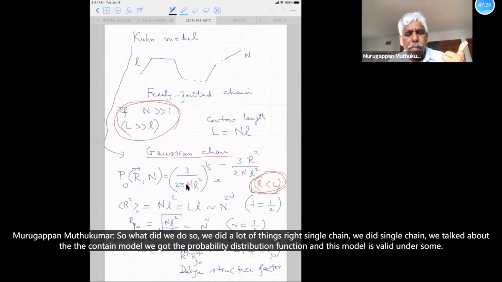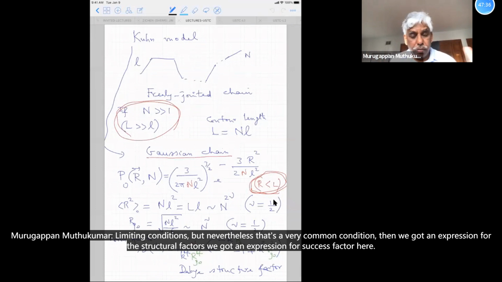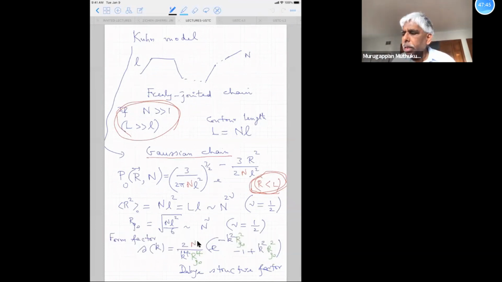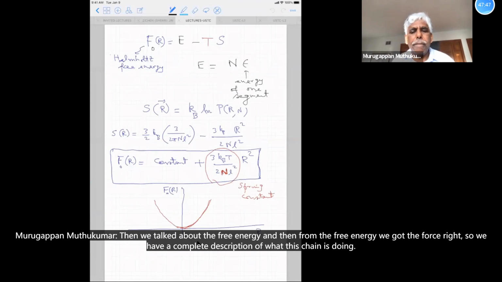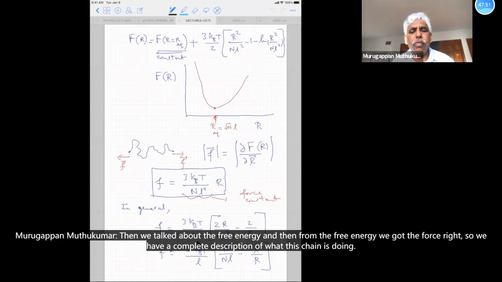We got the probability distribution function, and this model is valid under some limiting conditions, but nevertheless, that's a very common condition. Then we got an expression for the structure factor. And then we talked about the free energy, and from the free energy, we got the force. So we have a complete description of what this chain is doing.